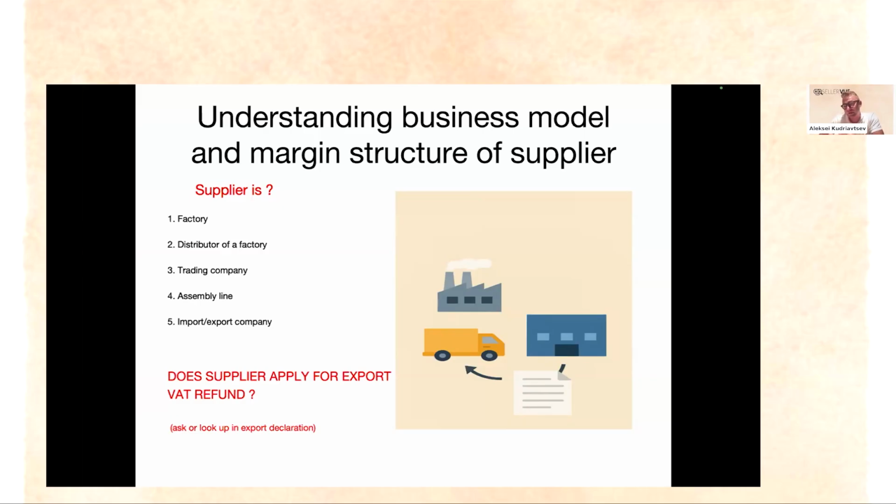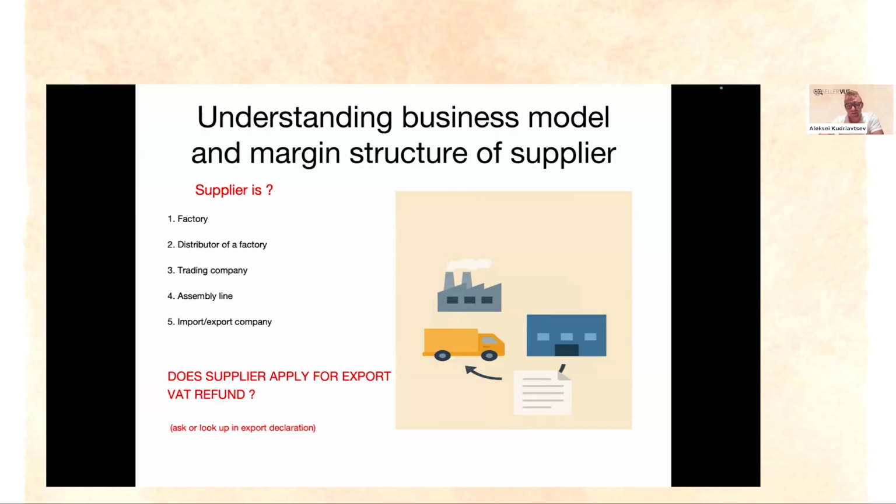So knowing this might help us to negotiate better with a supplier. And in some cases, the export tax refund is the only margin of a supplier, because some of the suppliers adopt a business model where they don't actually make profit on selling, but they only make profit on this tax rebate. So it's very useful to know if the supplier is actually using this or not.